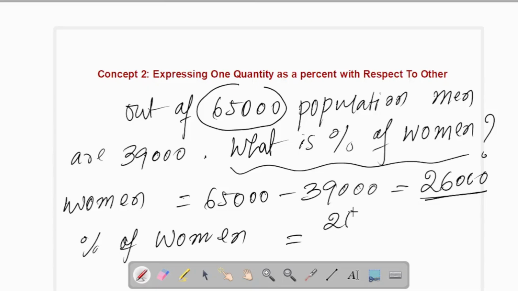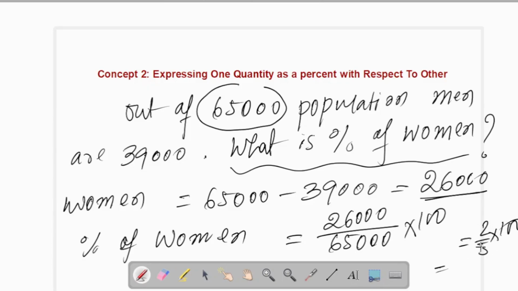It will come to 26,000 divided by 65,000 into 100. It is coming 2 by 5 into 100. If you remember, 2 by 5 is actually 40%. 40% of the population in that locality are women. Hope you understand this concept.